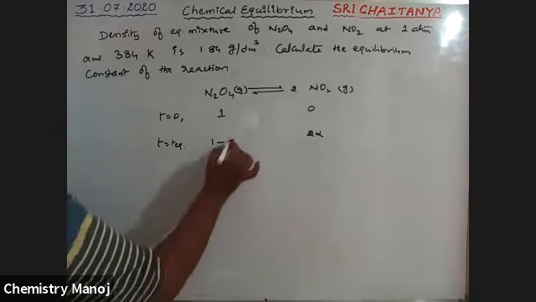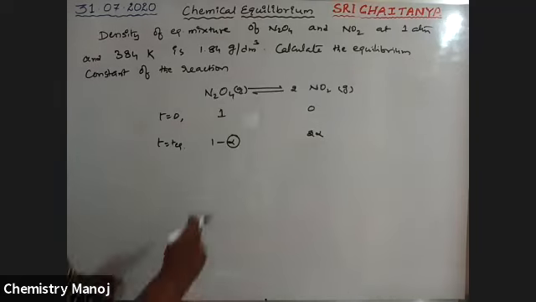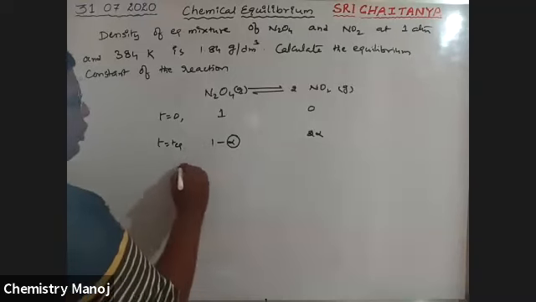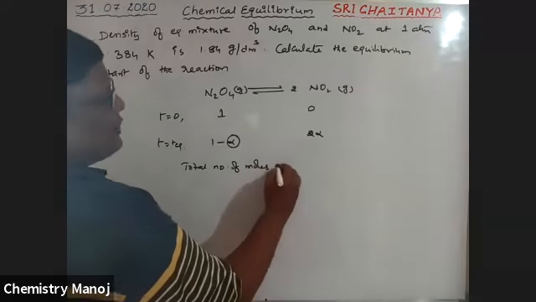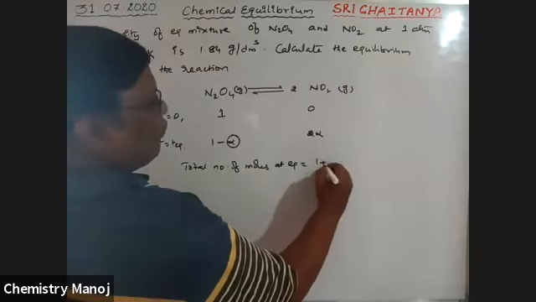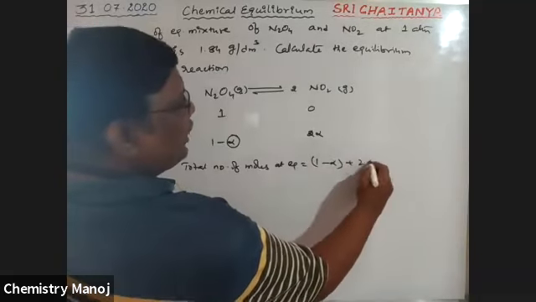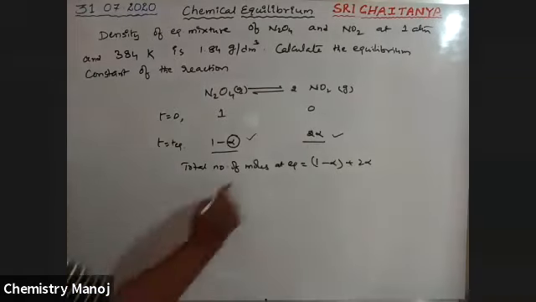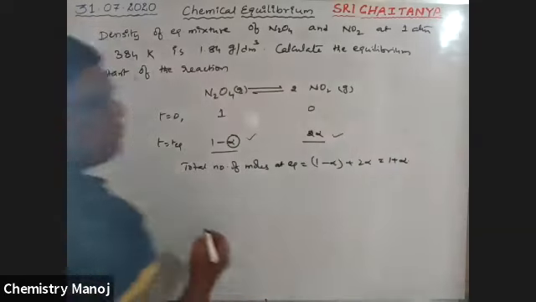If you know the alpha value, it is possible to calculate the total number of moles. Total number of moles at equilibrium is 1 minus alpha plus 2 alpha, since both exist at equilibrium, which is equal to 1 plus alpha.